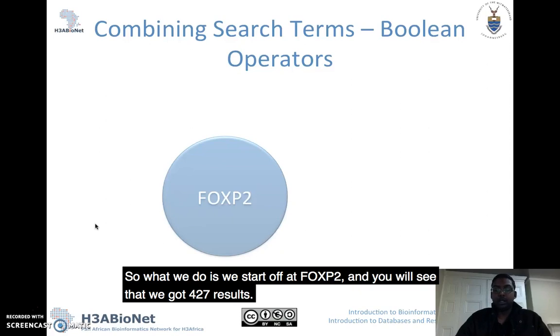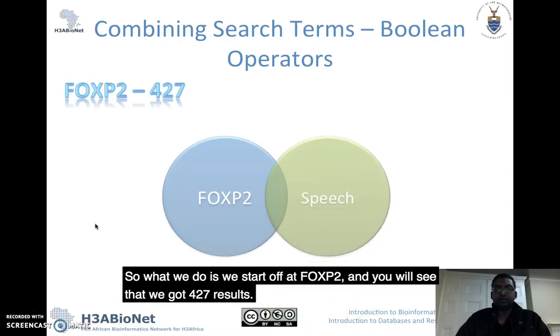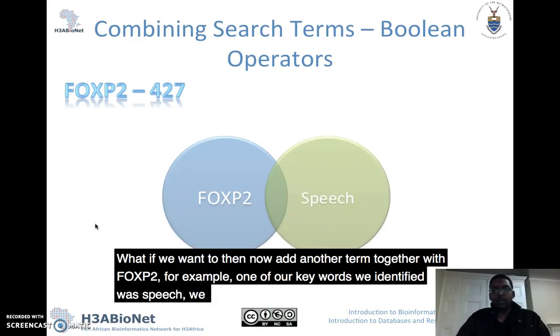So what we do is we start off with FoxP2, okay, and you'll see that we got 427 results. What if we want to then add another term together with FoxP2? For example, one of our keywords that we identified was speech.